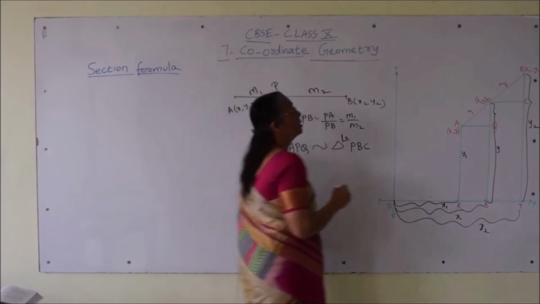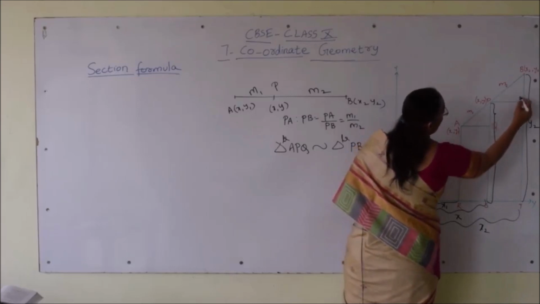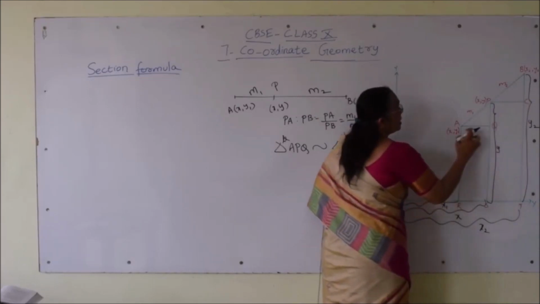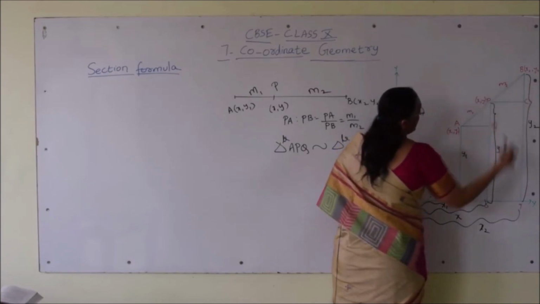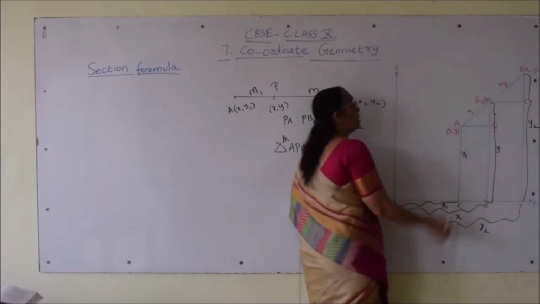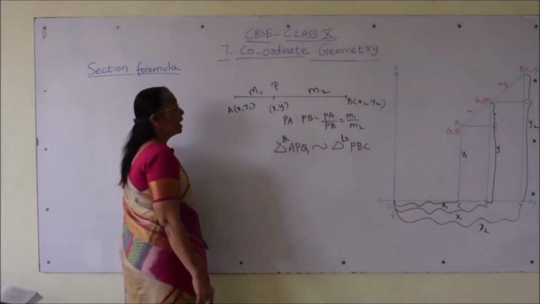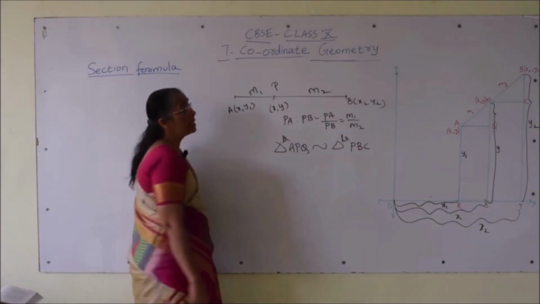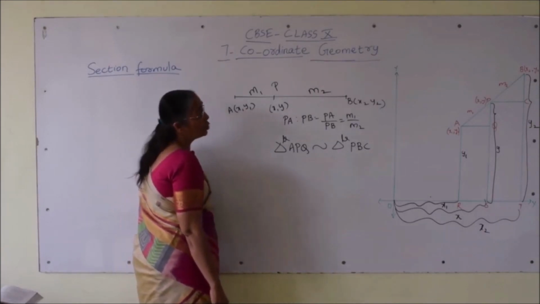You can see the values. Here this is 90 degrees, here 90 degrees, and these two lines are parallel. So the corresponding angles are equal. So these two triangles are similar. Since these two triangles are similar, let us write the similarity ratio.